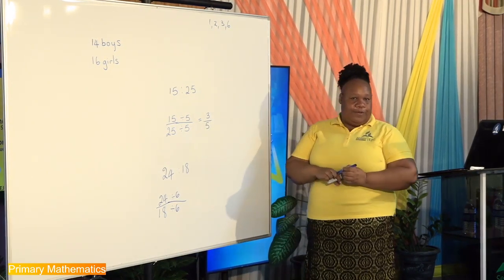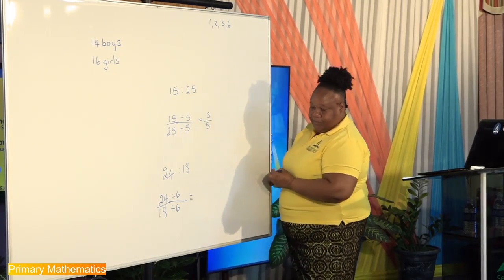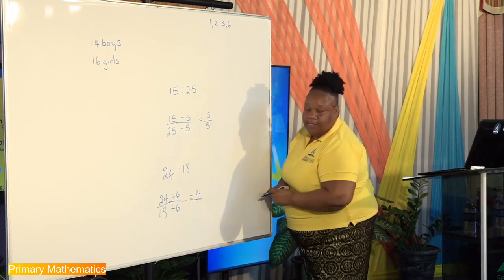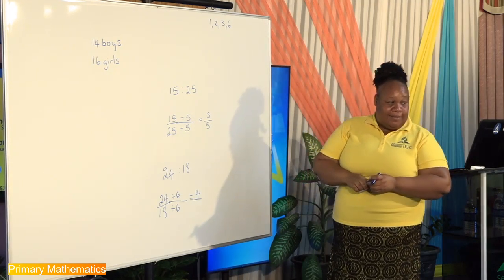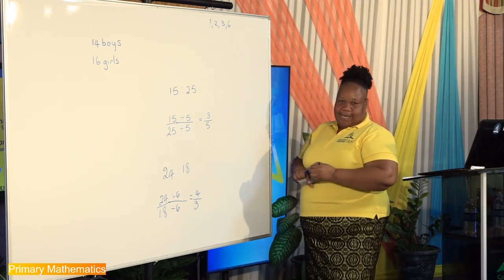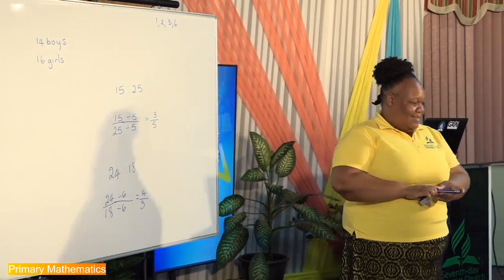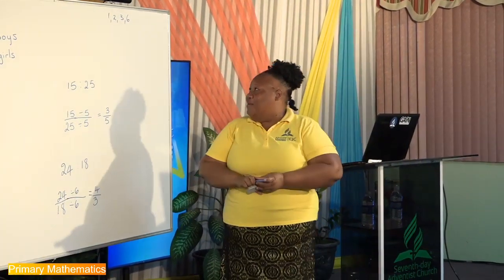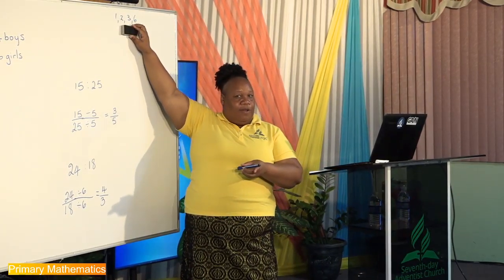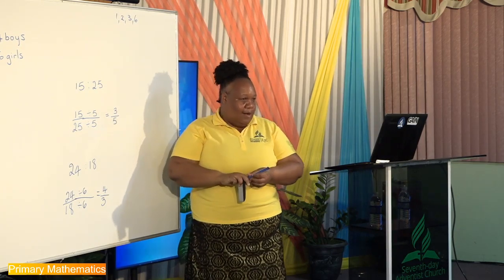Good. 6 into 24 goes 4 times. 6 into 18, very good, goes 3 times. Is that now in its lowest term? Yes. Follow the steps. Think you're going wrong? Just list your factors and find the highest common one.